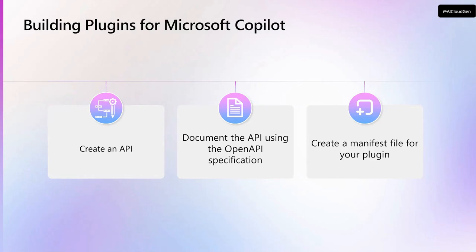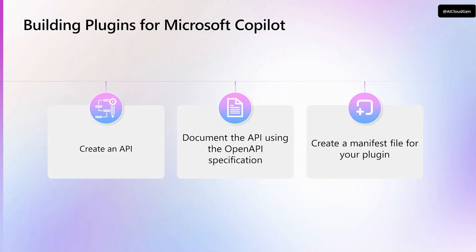Just to wrap up, plugins will help you to augment your own APIs with Copilot. If you want to incorporate your own APIs with Copilot, go ahead and create plugins. To create a proper plugin, you need to have an API that is built using the Open API format. The documentation of the API should follow the Open API specification.